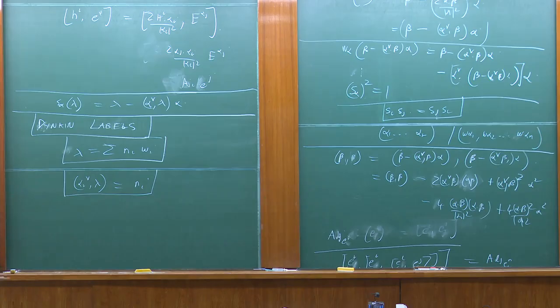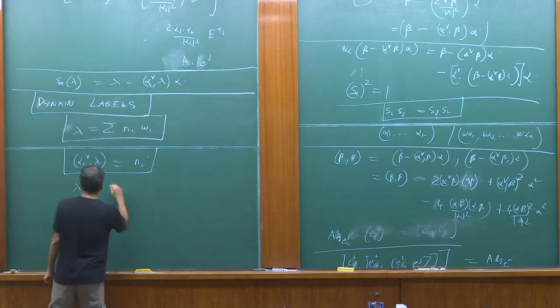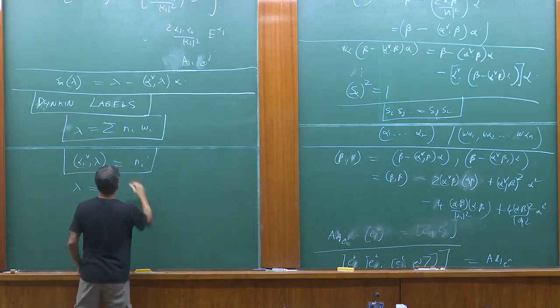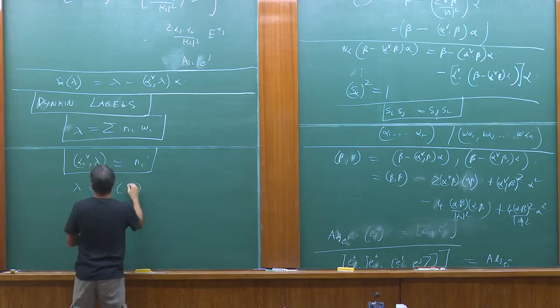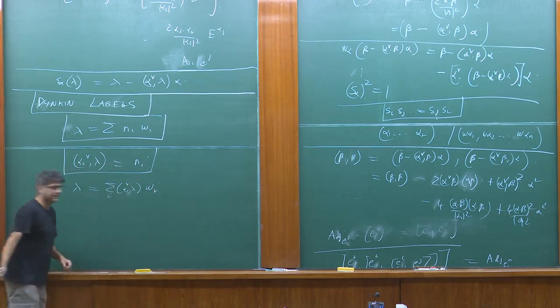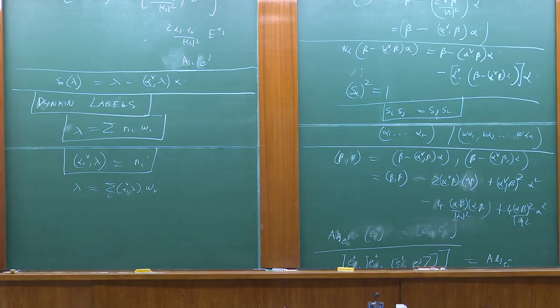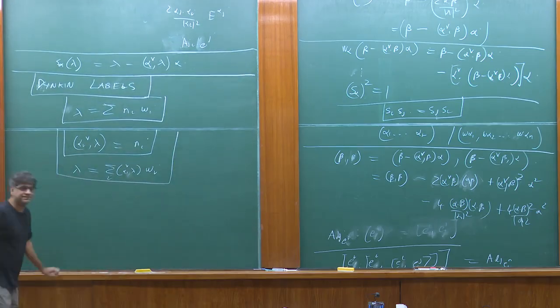Good. Therefore, we conclude that lambda can be written, by this completeness relation, as the sum over i of (alpha_i^vee . lambda) times W_i, and that's true for any weight.